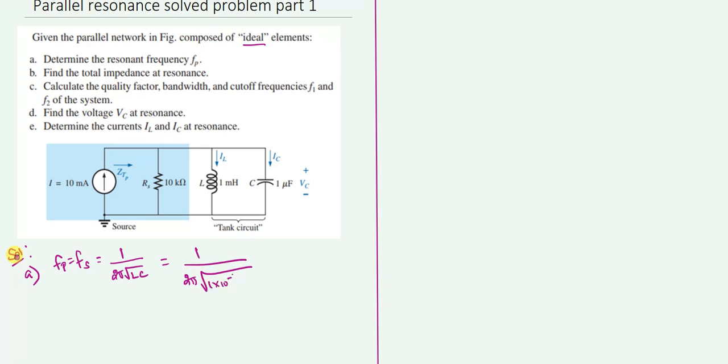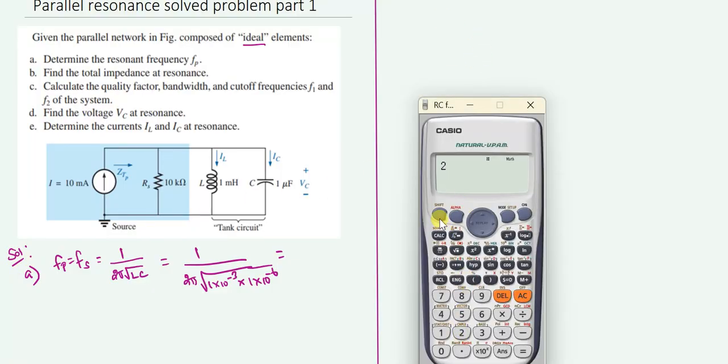1 millihenry, 1 into 10 to the power of minus 3, and it is 1 microfarad, 1 into 10 to the power of minus 6. If I simplify this, so 2 pi into square root of, it is nothing but 10 to the power of minus 9.